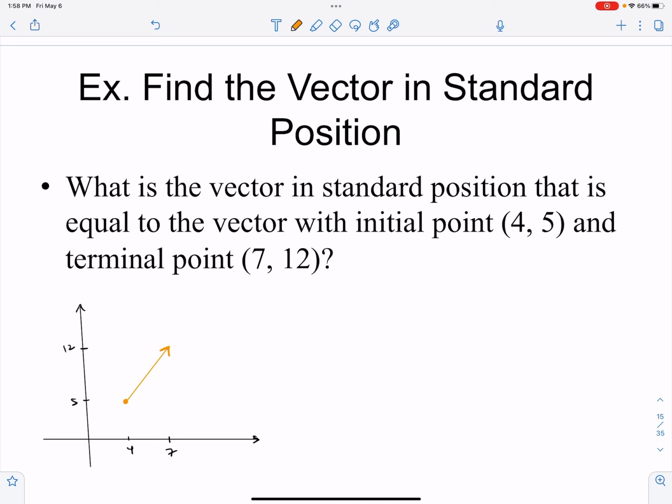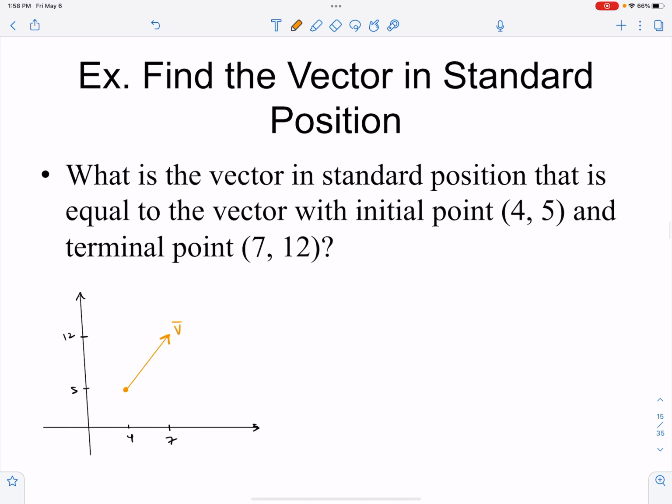So we could say that if we call this vector v, vector v would be equal to, we're going to use the pointy brackets to indicate that we're representing a vector in standard position. So we would subtract 4 from the x coordinate of the terminating point, and then we would subtract 5 from the y coordinate of the terminating point. And that would be 3, 7.